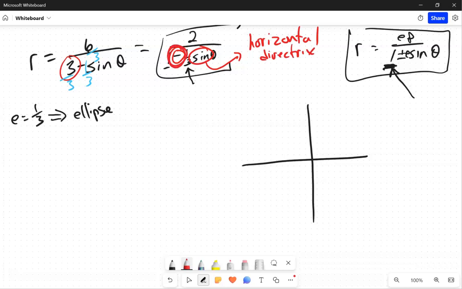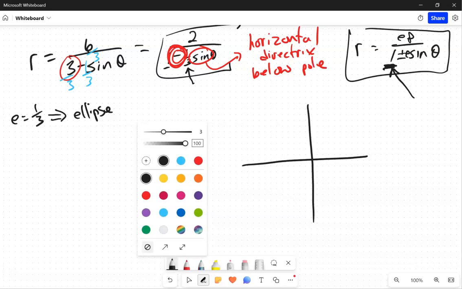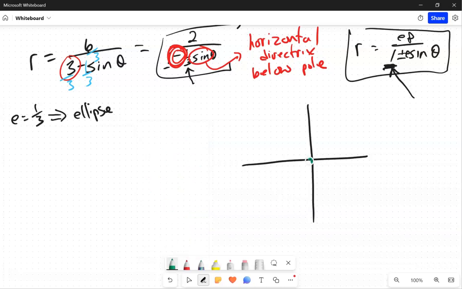And the fact that this is subtraction means that it will go below the pole. Now the pole and the focus in this case are the same thing. So let me get this changed over real quick so we can see what's going on. We'll go green. I'm going to have my focus here at the pole. I'm going to have an ellipse. I'm also going to have a horizontal directrix below the pole.